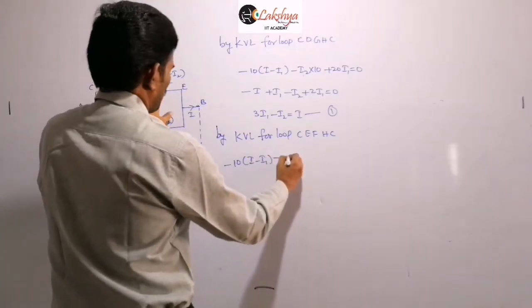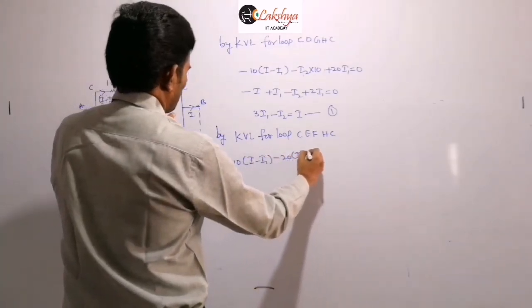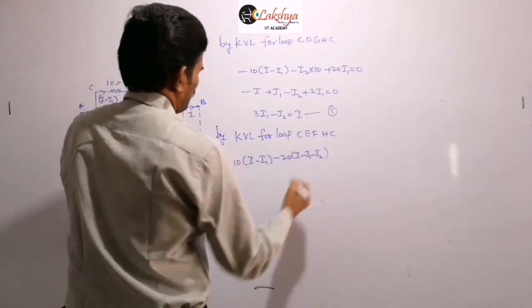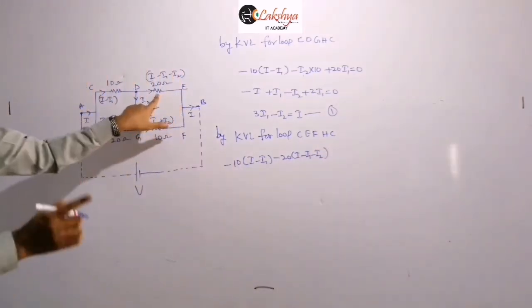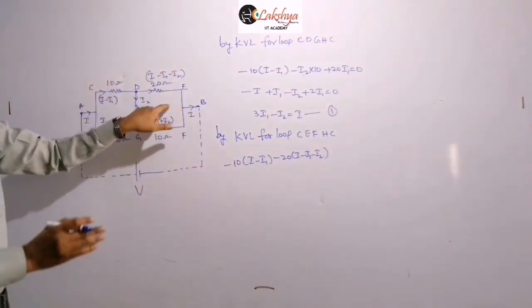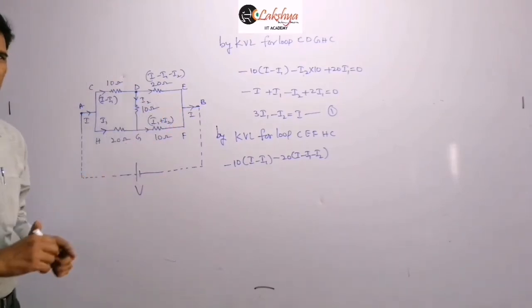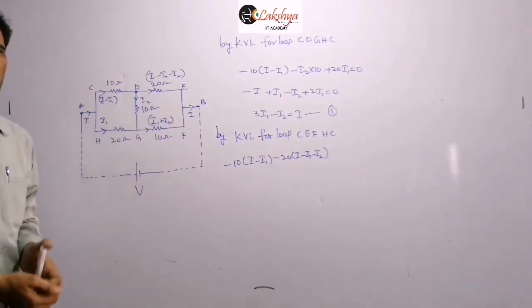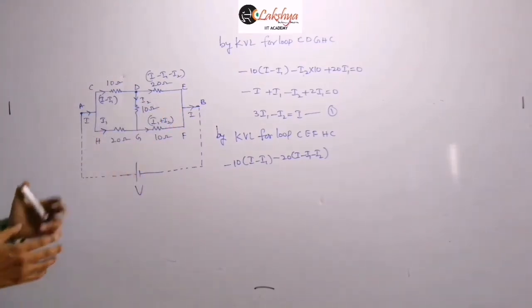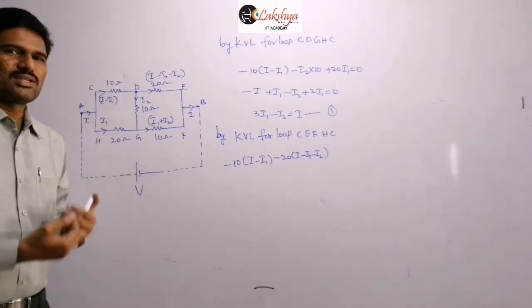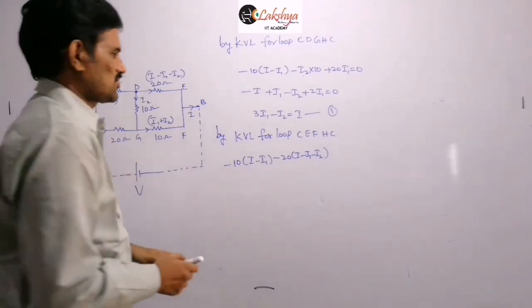This is minus 20 of I minus I1 minus I2. So listen carefully, just it's the application of Kirchhoff law only. We are not learning any new thing here, right? We know already how to apply the Kirchhoff laws, just we are applying the Kirchhoff law and we are knowing how to find the different parameters with the help of this Kirchhoff law.